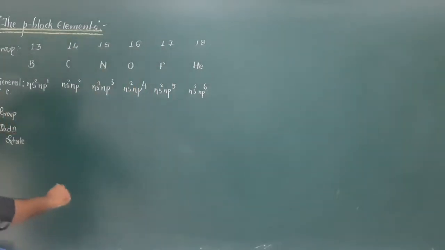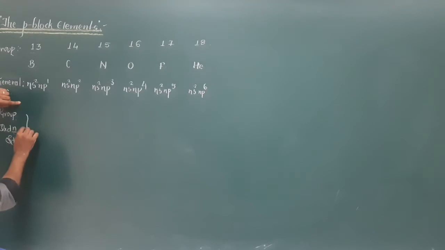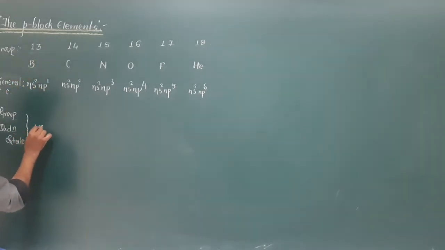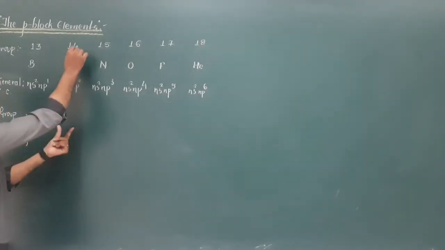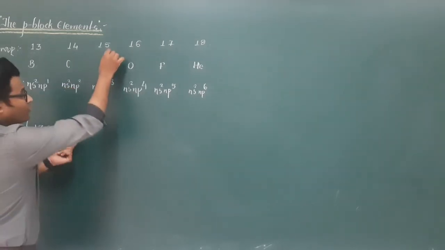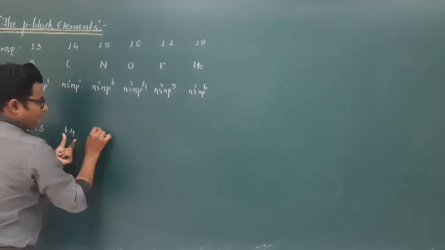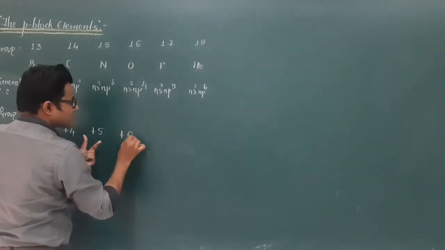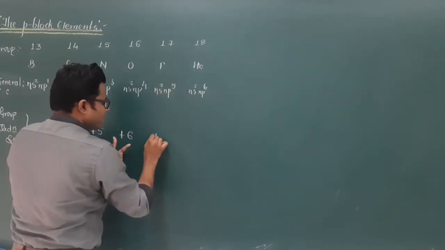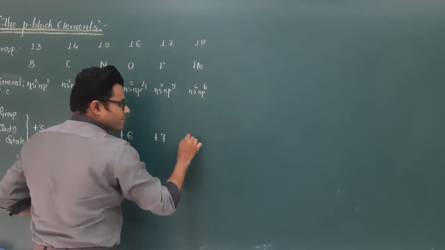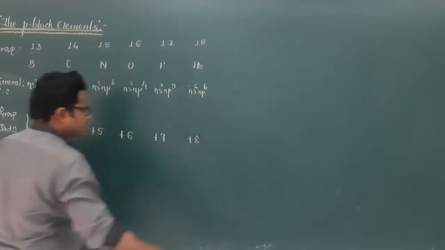So when we get here, 2 plus 1, we have +3. Now for 14, we have 2 plus 2, +4; for 15, 2 plus 3, +5; 2 plus 4, +6; 2 plus 5, +7; finally 2 plus 6, we have +8, right?